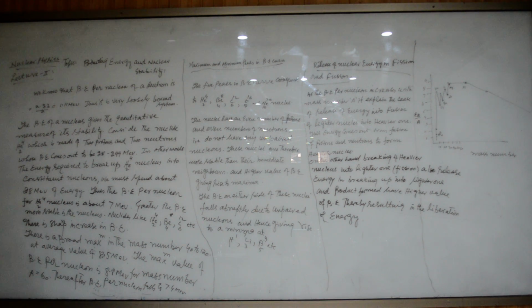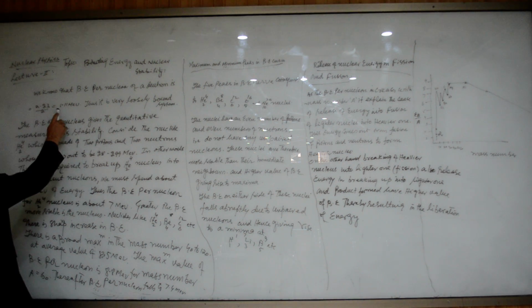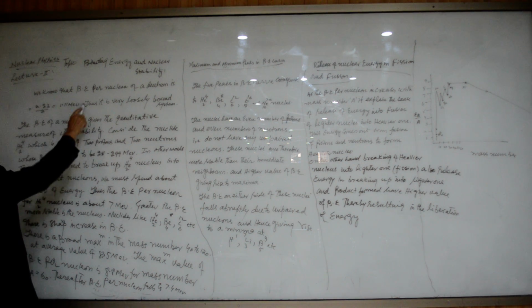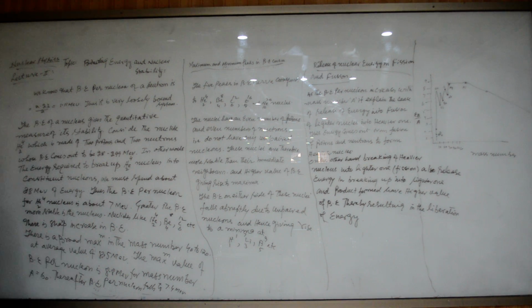We know that the binding energy of the deuteron is 2.23 MeV and the mass number is 2, so the binding energy per nucleon is 1.11 MeV. Thus it is a very loosely bound system. Why is it loosely bound? Because the binding energy per nucleon is too low.